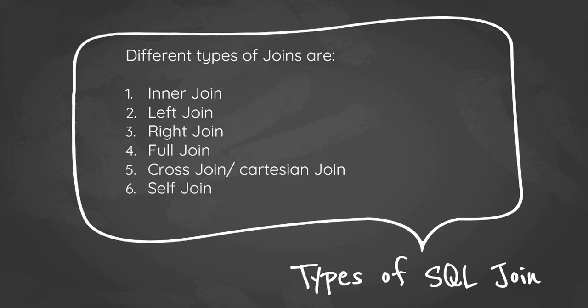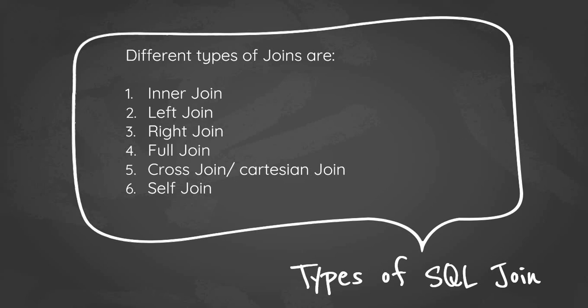And the full join returns all records when there is a match in either the left or right table, and this as well can result in us getting some null values. For the cross join, also known as the Cartesian join, this is the case where there is a join for each row of one table to every row of another table.